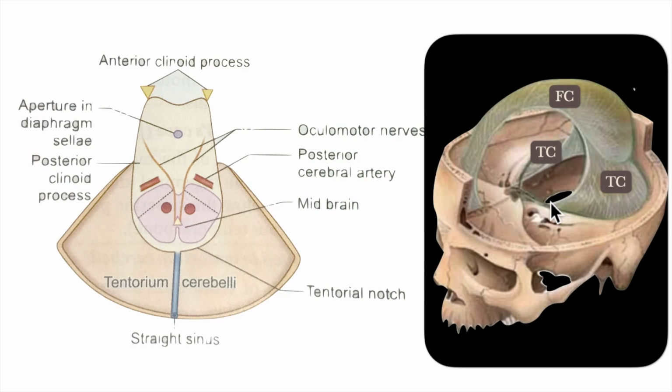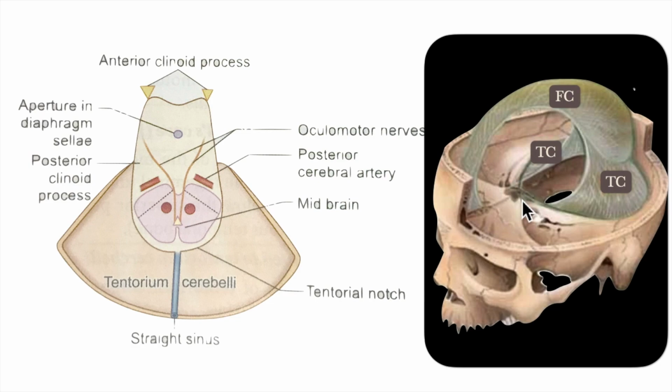So these are all the important things you have to know about the tentorium cerebelli: what the free margin is, what the attached margin is, and what structures cross the attached and free margin. Then next, the diaphragma sellae. The diaphragma sellae is a structure which roofs the pituitary fossa. In the middle cranial fossa you will see the body of the sphenoid bone, and the pituitary gland rests over it.